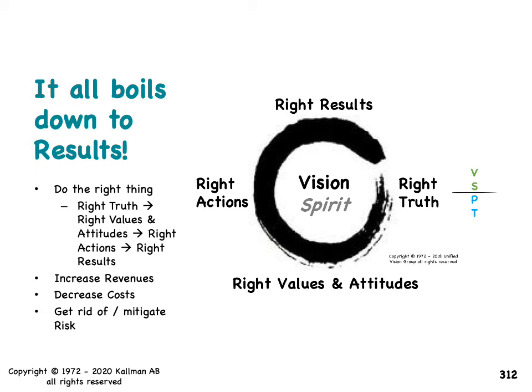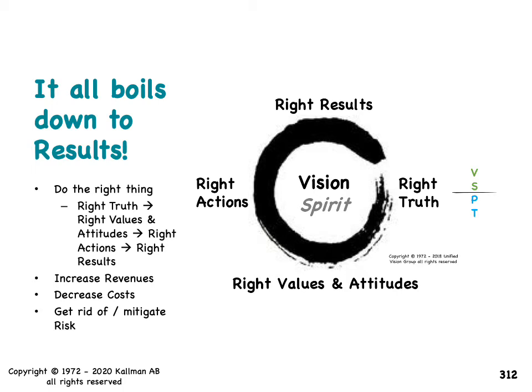And so when we're talking about results, the executives are going to be looking at, are we doing the right thing? Are we increasing revenues? Are we decreasing costs? Are we getting rid of or mitigating risk? Those are the three primary things an executive will look at, and all of those fall under the category of doing the right thing.